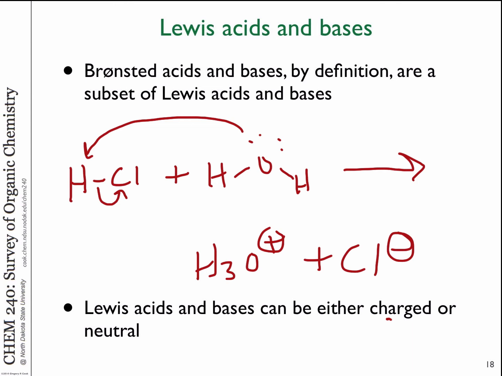Okay. Well, what other ways can we think about this kind of concept without a proton? Do you know of any molecules that might be able to accept electrons and not be a proton? Well, if you look on the periodic table, is there one here? If you go to the left of carbon and you see boron, what's the electron configuration of boron?